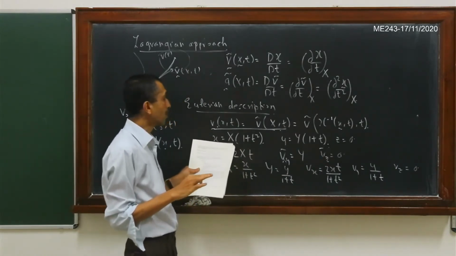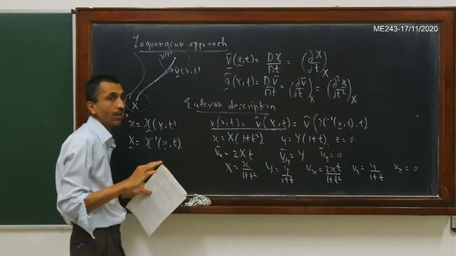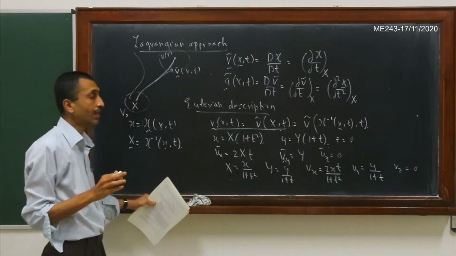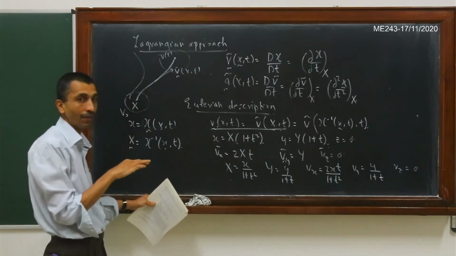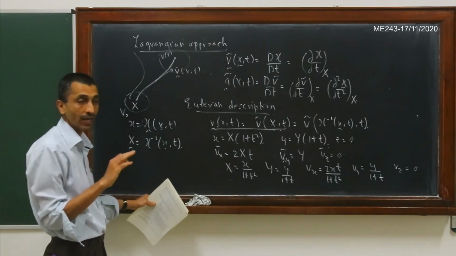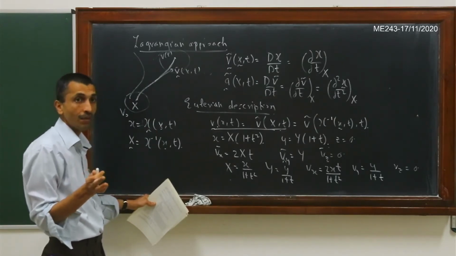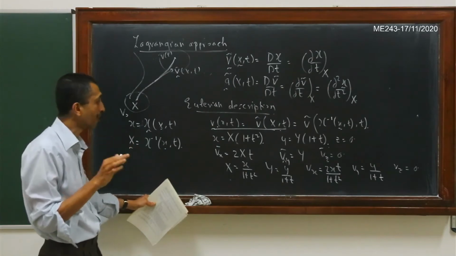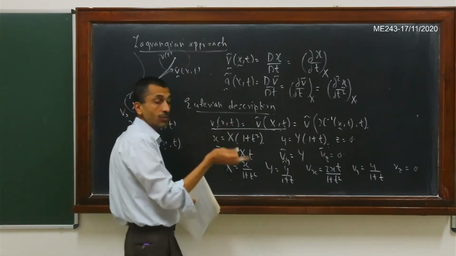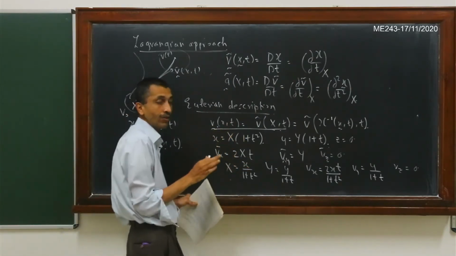So only the functional form of the velocity changes, one in terms of capital X, the other in terms of small x. That functional dependence is changing, but the value of the velocity for a given capital X or the corresponding small x is finally the same, correct?